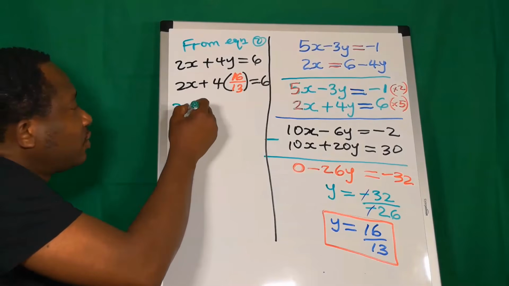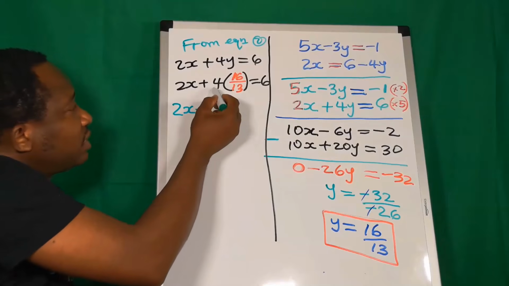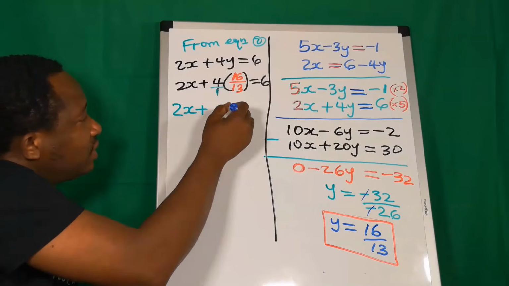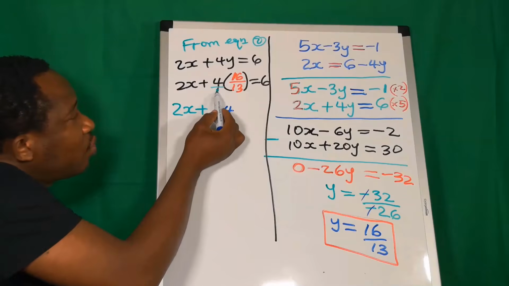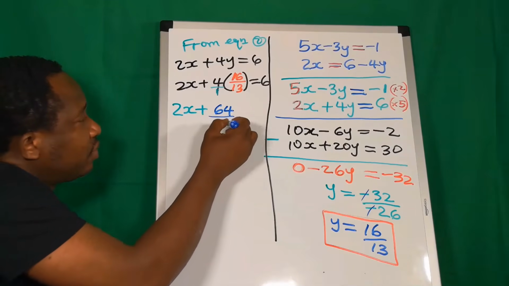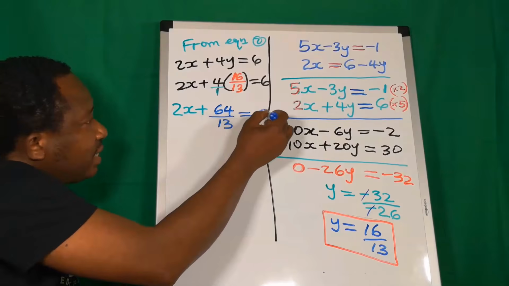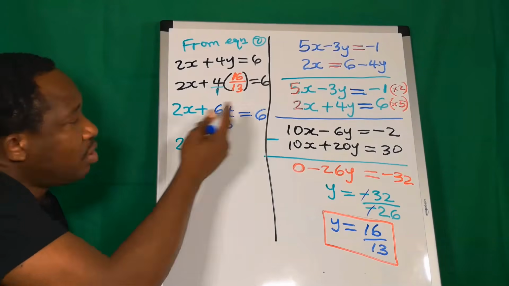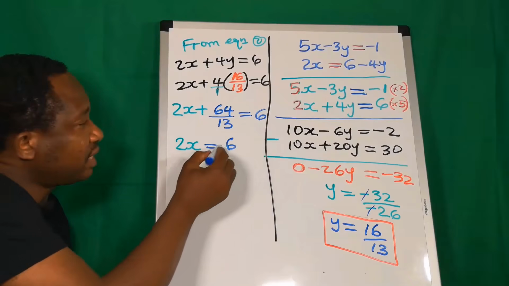I have 2x plus, this is like over 1, 4 multiplied by 16, 64. Next, 1 times 13 will give you 13. And on the other side, we have 6. Here, I have 2x. On the other side, I have 6.